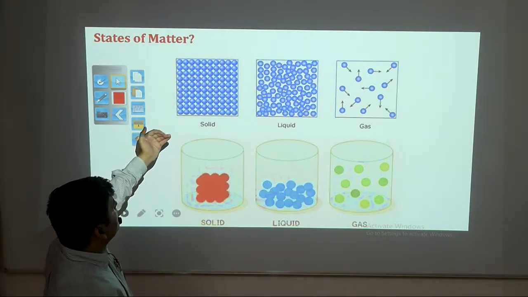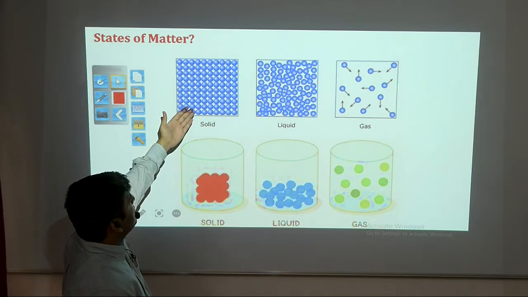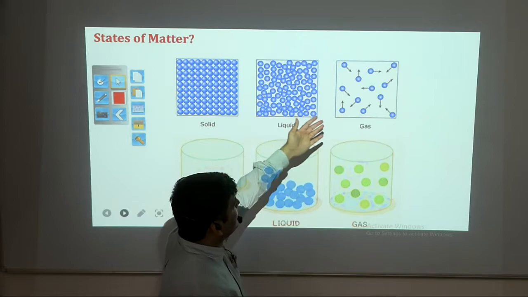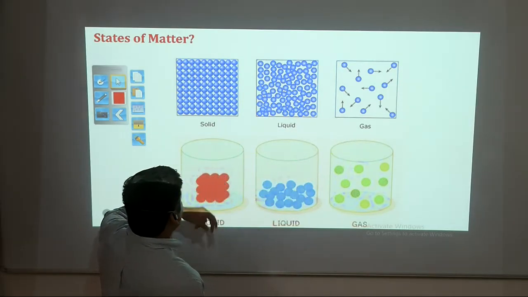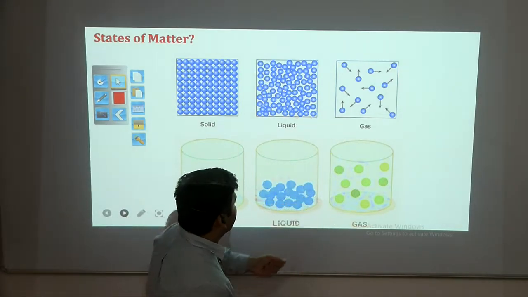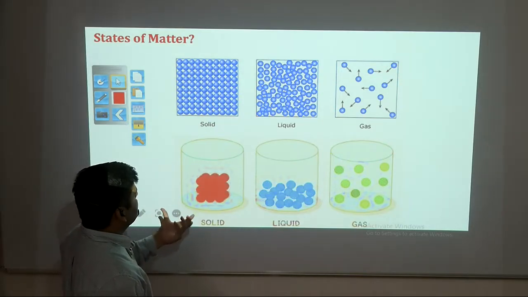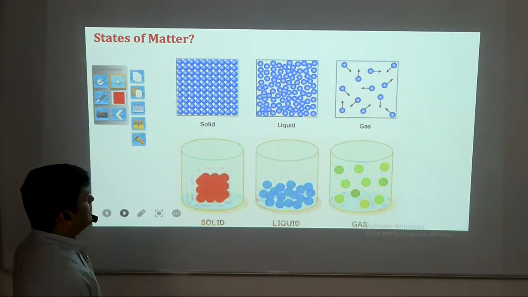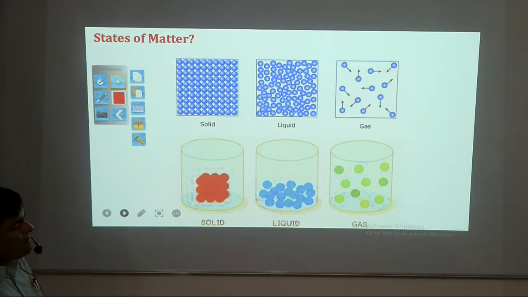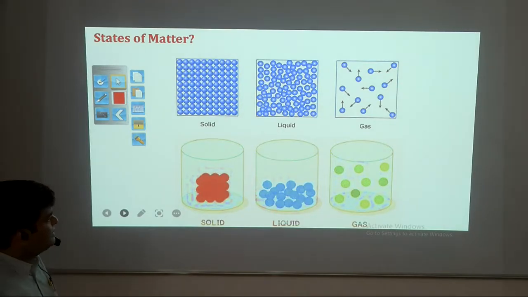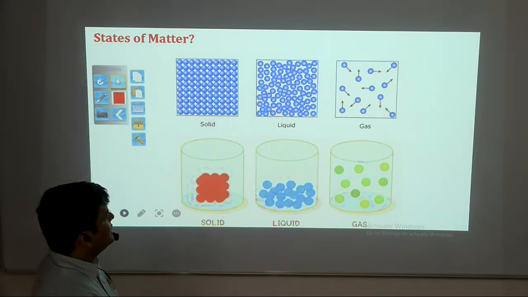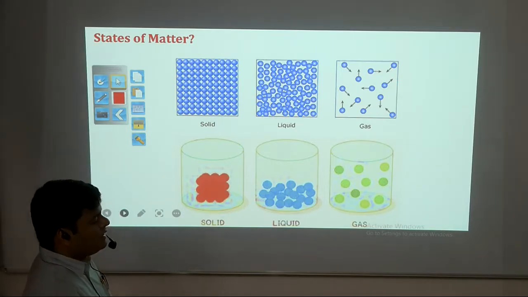From here we can see how the atoms are arranged in the solid, the liquid and the gas. The figures below tell us how the solid, liquid and gas fit into a container. We know the solid has its own shape and size, and liquid takes the shape of the container in which we pour it.